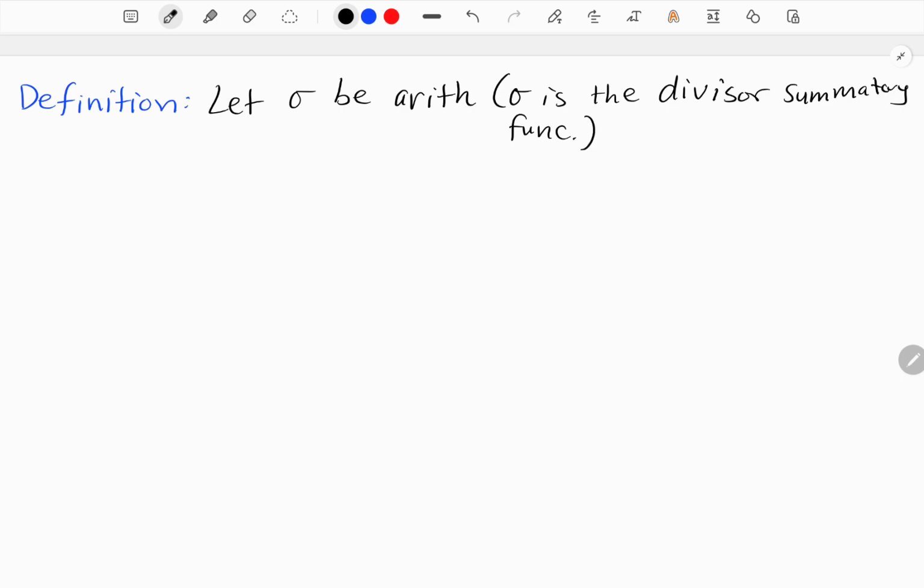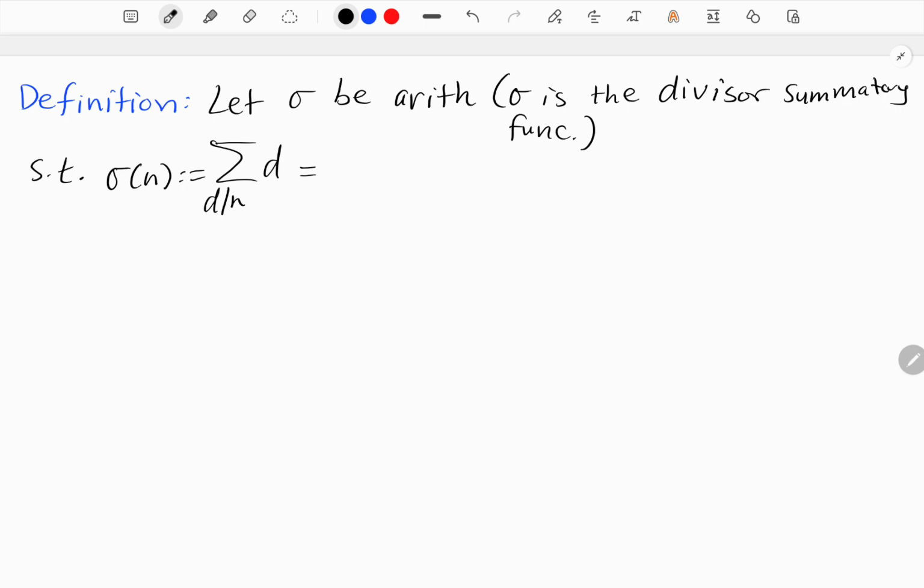What it is, is that sigma of n just sums up all of the divisors of n, such that we define sigma of n to be the sum running through all the d's that divide n of d, right? Because if d is a divisor of n, it just sums all of the divisors up.